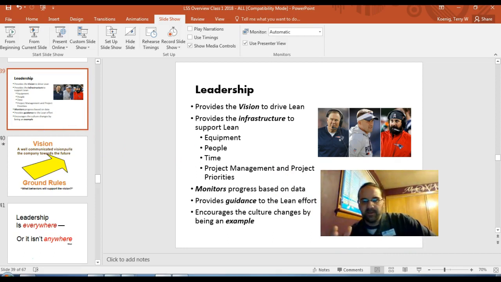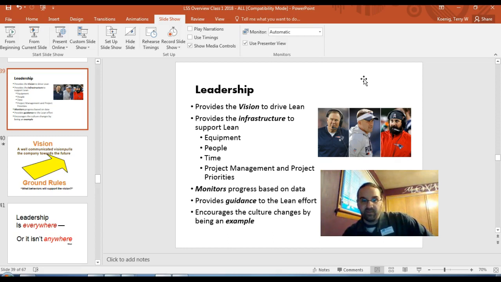Leadership. So maybe if I didn't hit you with Grey's, maybe you know these three gentlemen. As of the beginning of 2018, this was the coach, offensive coordinator, and defensive coordinator for the New England Patriots. And while they did not win the Super Bowl against the wonderful Philadelphia Eagles, and that was a good day for a lot of people, these three gentlemen know leadership.